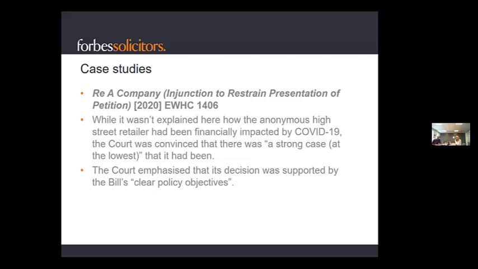The court was keen to emphasise in its decision that it was supported by the policy objectives that were surrounding the bill coming into force. So in this instance, the company was protected, and it was clearly to be expected that cash flow will be impacted as a result of lockdown.